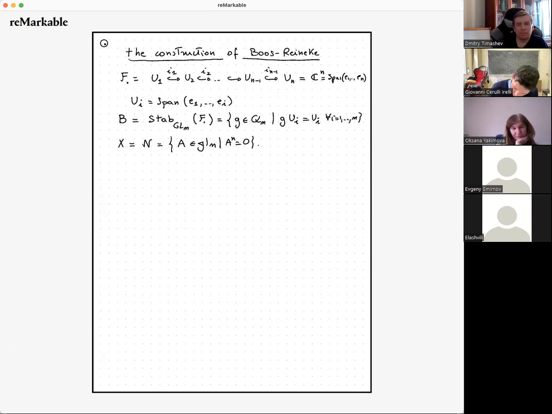Okay, then B acts. So the action of GLN on X restricts to an action of B on this nilpotent variety. And now consider the following construction. Let's consider the following variety: the set of (F1, ..., F(N-1), A). So the Fi's are just linear homomorphisms between the Ui's.